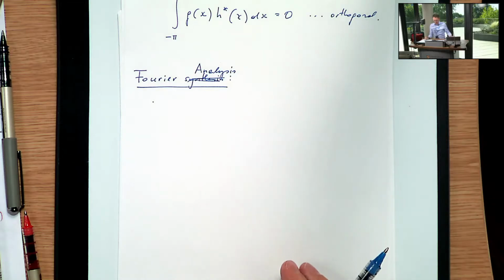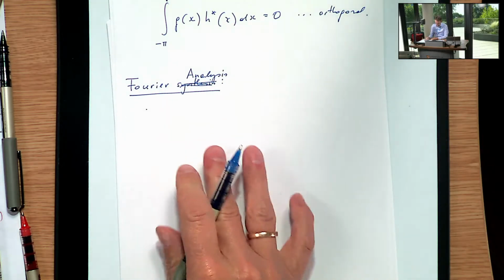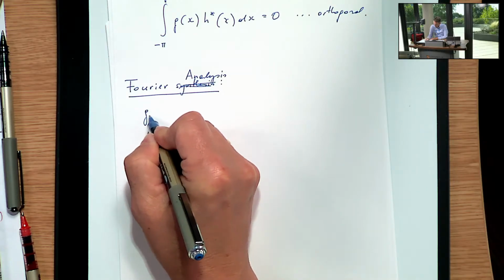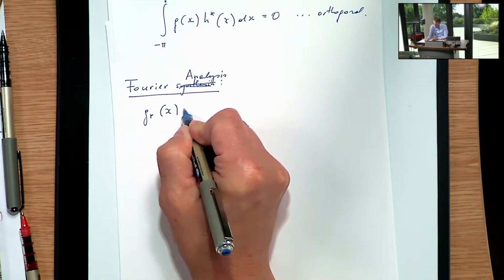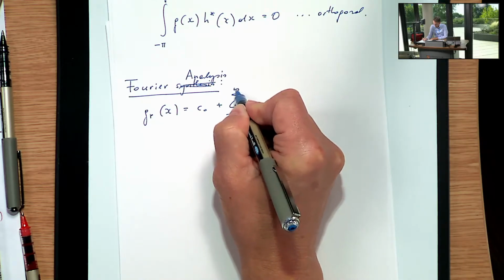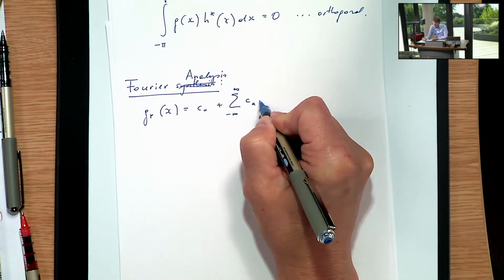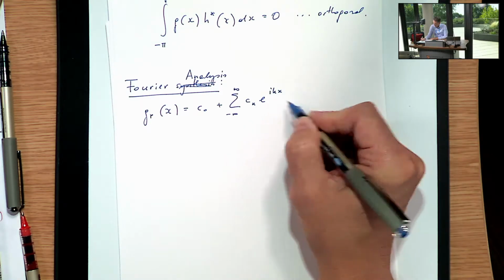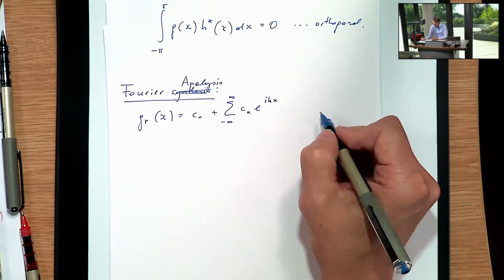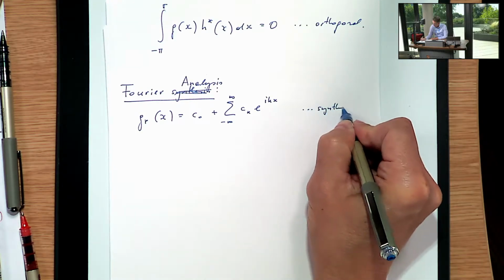And the way you get this, if you write again the synthesis part, any periodic function is C0 plus the sum from minus infinity to infinity of components times this orthogonal set of spectral components. So that's the synthesis.